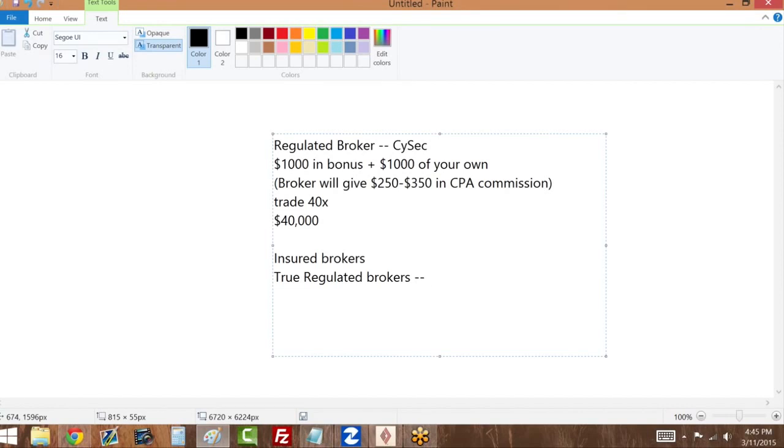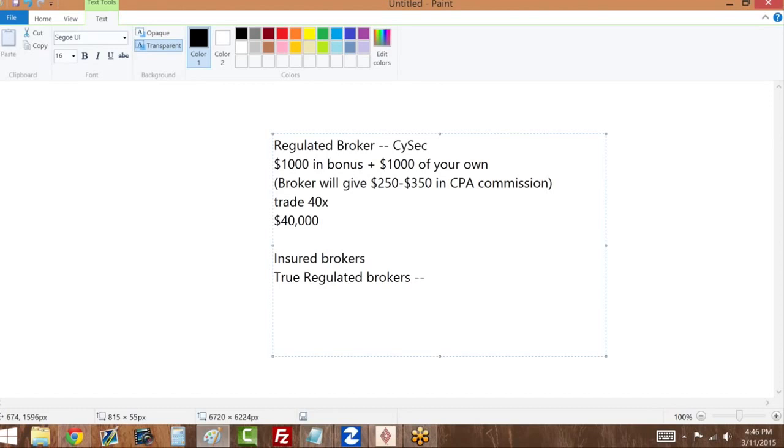We have a good day where everybody takes our signals and they come out 20% ahead. Now, let's say we send 10,000 traders, they all put in $1,000 each on average. That's $10 million. And they just suddenly came up 20% up in 2 days. That's $2 million. Now, that's $2 million of liability for a broker that might not be able to handle it.